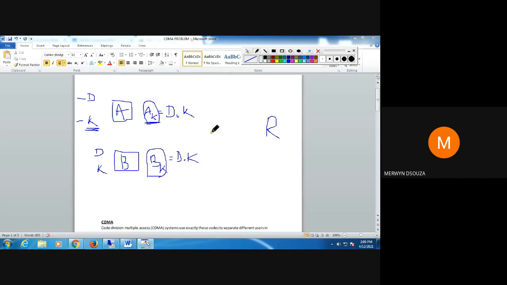So how do you superimpose them? You add them. Suppose C equal to AK plus BK.